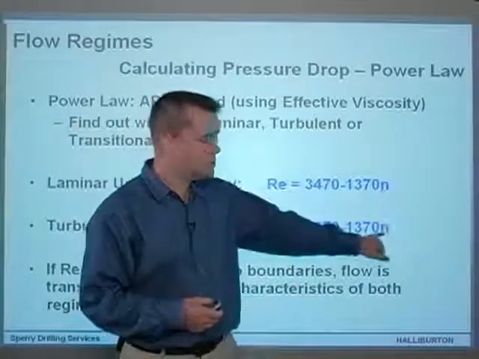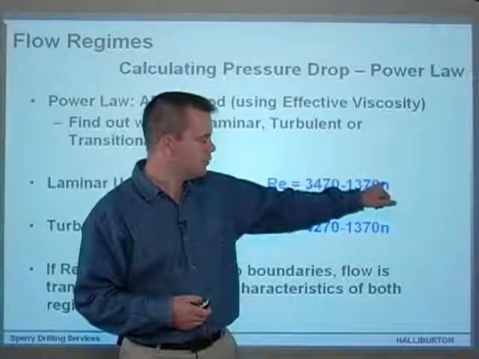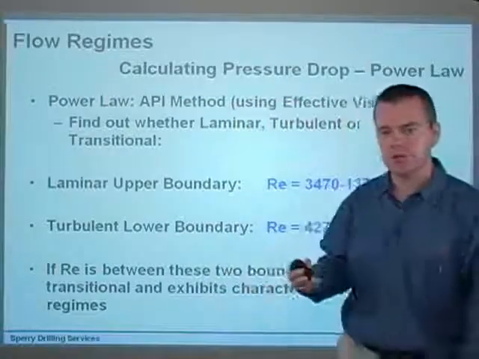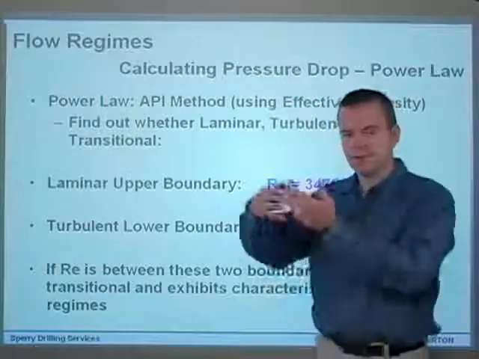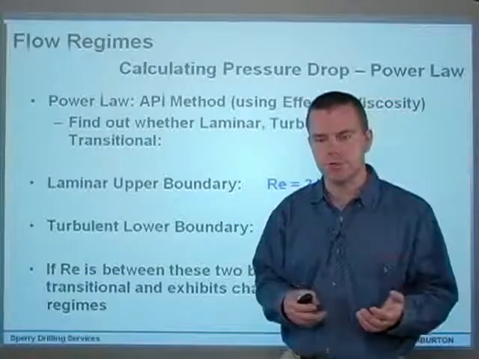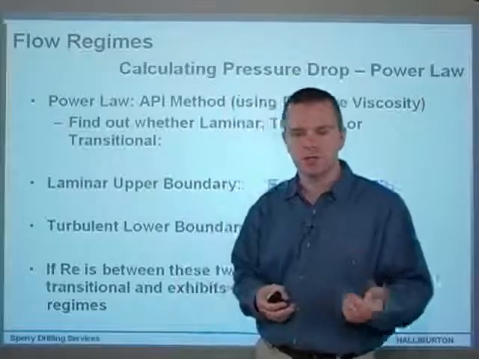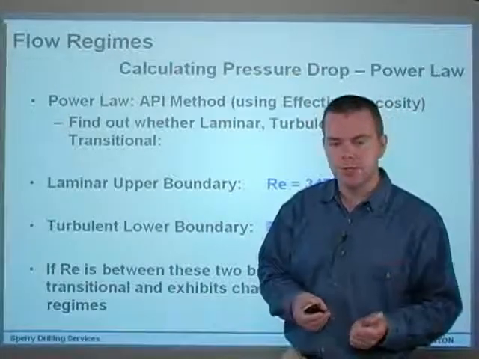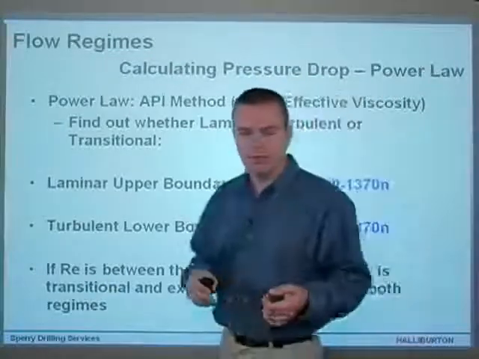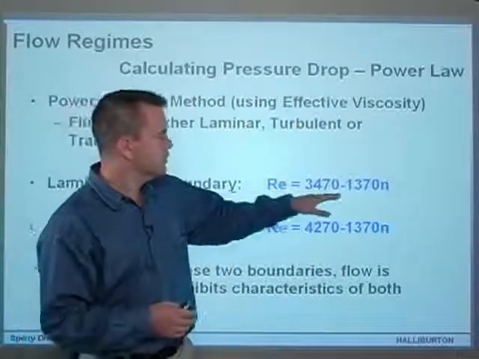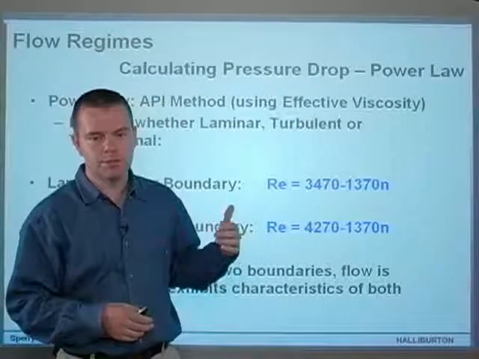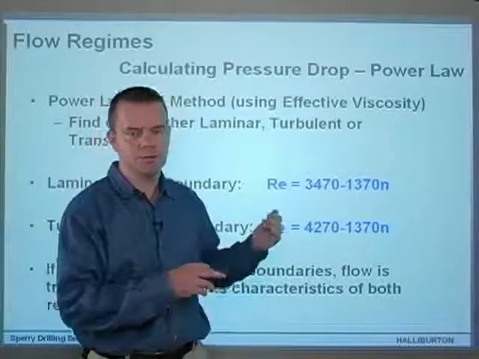So the power law index here is basically determining at what point the onset of turbulence occurs, or when it leaves the laminar flow regime. It's an important difference between the plastic and pseudoplastic models, so Bingham plastic and pseudoplastic models. It's also pretty much intuitively obvious, I would have thought. If N equals 1, then it's 3470 minus 1370, and that gives you 2100 as the divergence from laminar to turbulent.